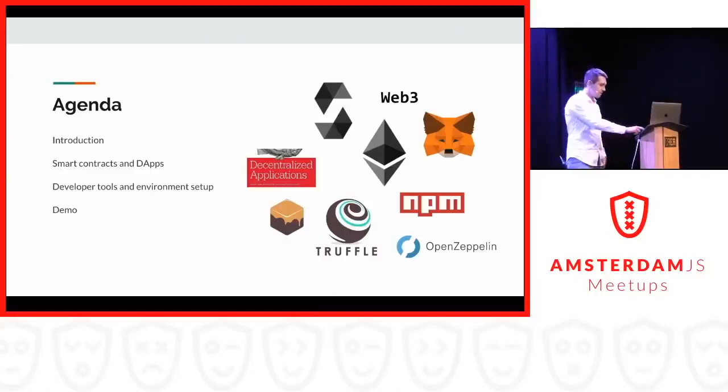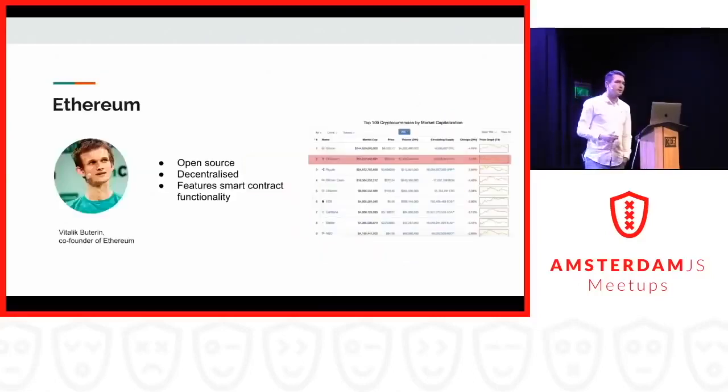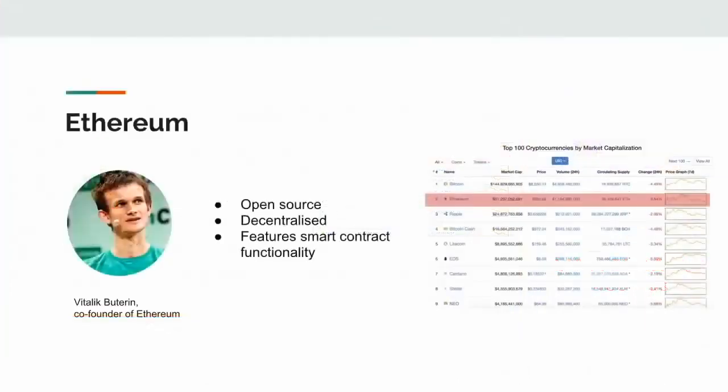So let's move on. Basically, who here has the slightest idea what a blockchain is? Please raise your hand. Okay, very good. That's what I was expecting, so I won't start on what it is. Let's just go directly to one of the most popular blockchain implementations. It's Ethereum. It was started around 2015, co-founded by a guy named Vitalik Buterin.